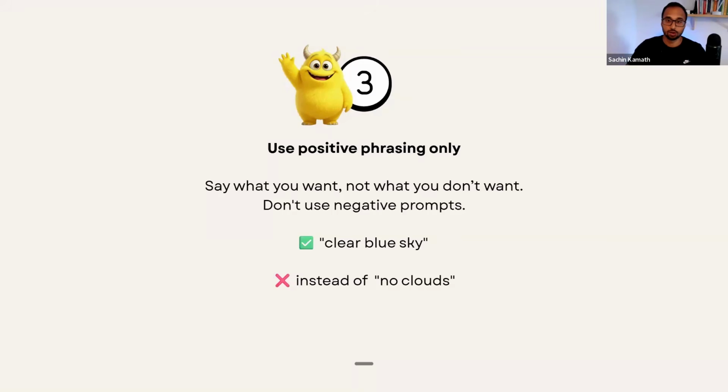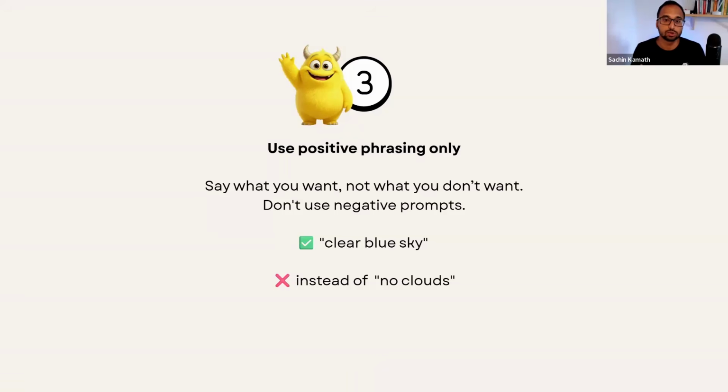Actually, I've seen this a lot from our users, like they're literally screaming at it, right? And it's the same with ChatGPT, same with any other AI image generator. And that's because negative phrasing within your prompt doesn't really work. It actually backfires when you write your prompts this way. So instead of typing no clouds, say clear blue sky in your prompt. Instead of no hat, describe the hair that the character has.